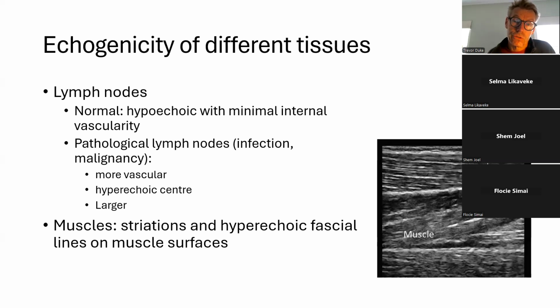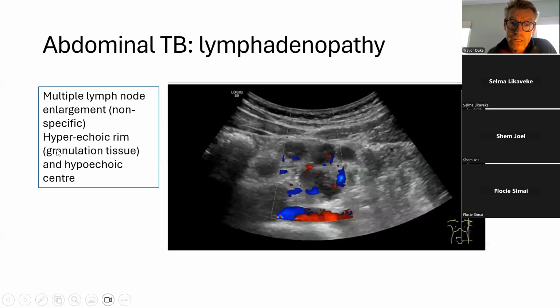So now we get on to what the abdominal findings in TB are if you do an ultrasound. And this is the typical finding where you've got large multiple lymph nodes.